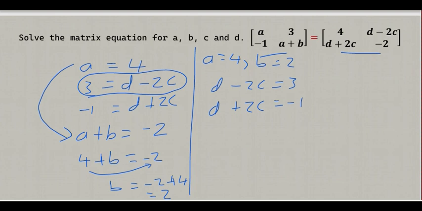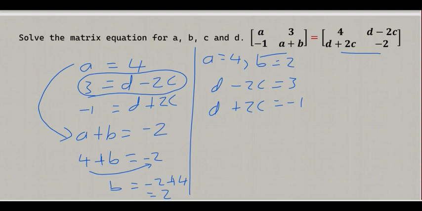You can solve this to actually get what D and what C is. We can decide to use substitution, we can decide to use elimination, we can decide to use another method that I'm going to show you later, which is called Cramer's rule, to get D and to get C.